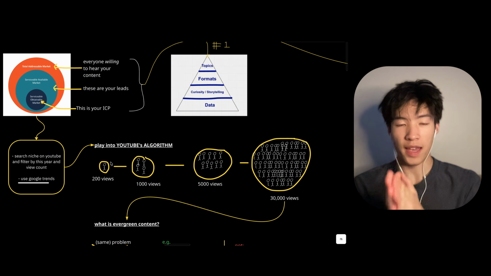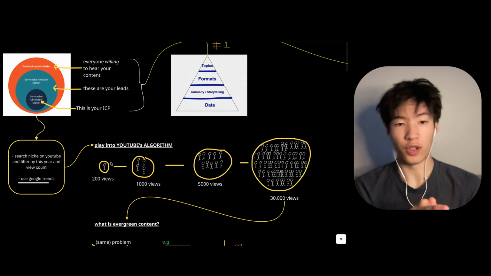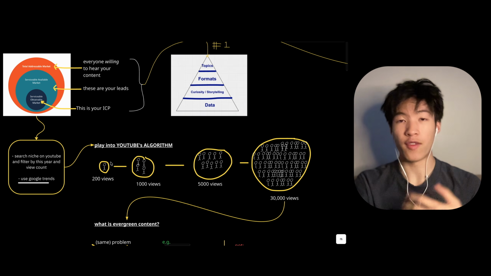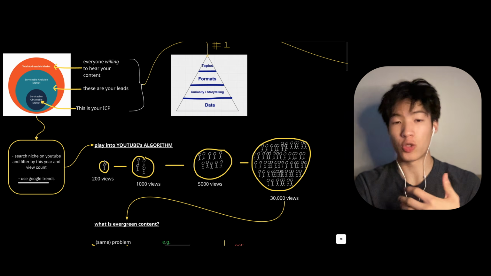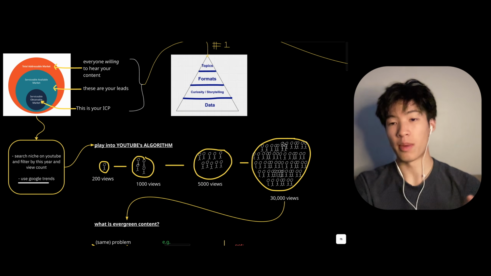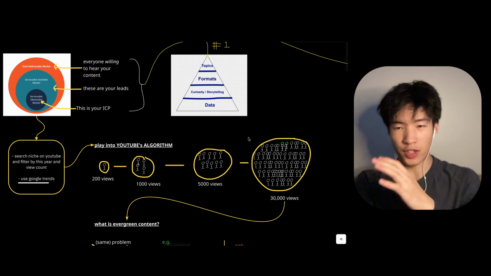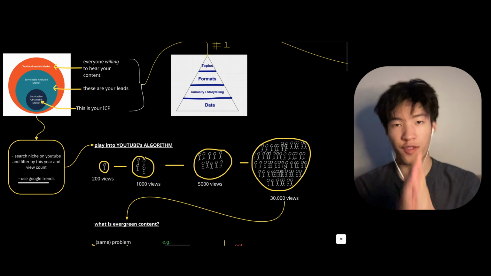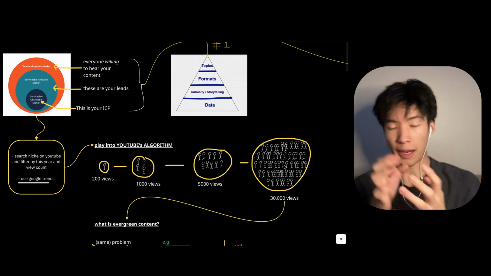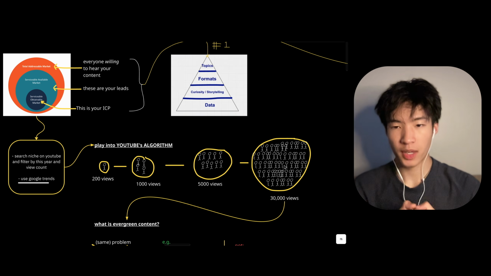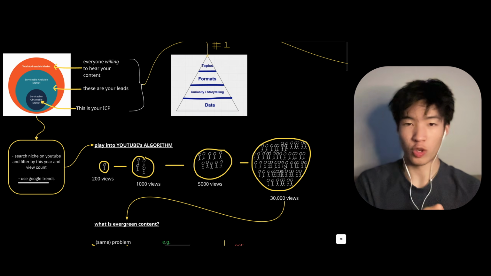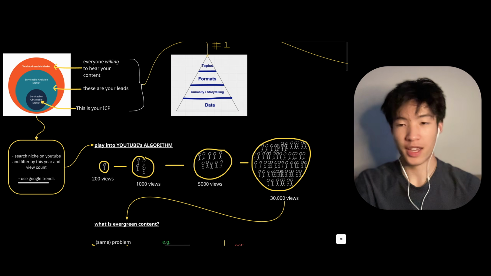And it tests if they can engage with it or not. And if they do engage with it, if the majority do engage with it, then it goes to a bigger group, and then a bigger group, and then a bigger group. And so in order to get to that final big group of people, you need to find a topic which they can be related to, or they can have an interest for.